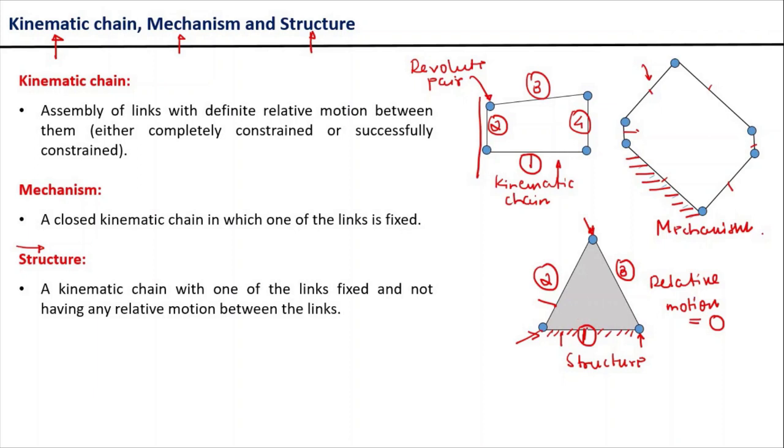In this case you can treat the combination of link 1, link 2 and link 3 together as a single link. If you remember the definition of link, I mentioned that a link could be defined as a combination of rigid bodies also, but those rigid bodies shouldn't have any relative motion between them.